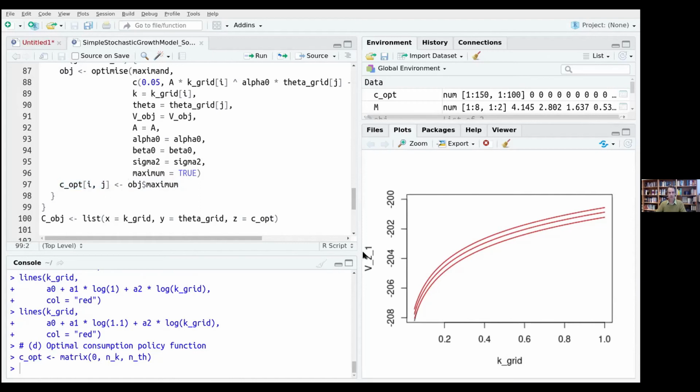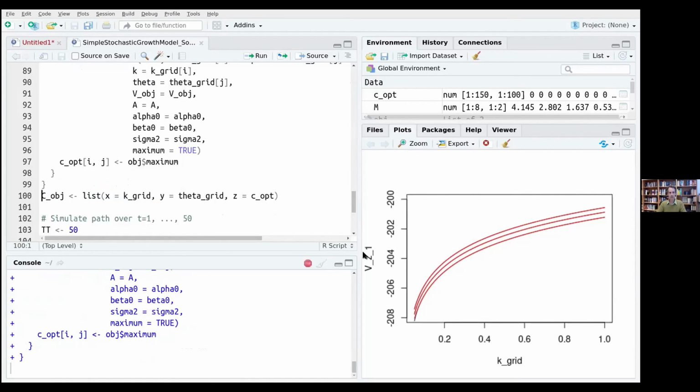We do this for all pairs. This runs relatively fast, even though these are again 15,000 optimization problems. And for each of these 15,000 runs, we have to compute the expectation. For each of these runs, we have to find the optimal consumption value, which is an iterative procedure.